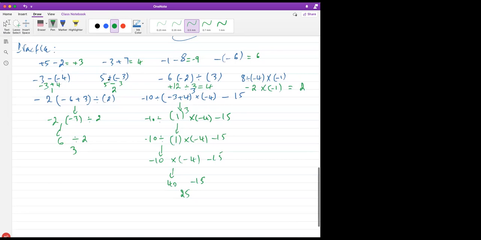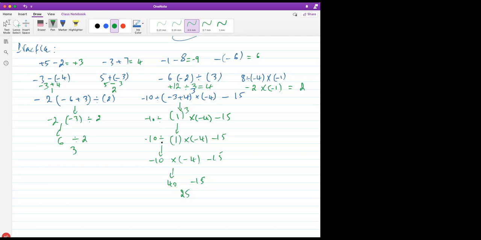Okay. Any questions, everybody? Yes, teacher. This operation, I don't understand. Why is it 1? We do the parentheses. Negative 3 plus 4 is 1. Then we do the exponent. 1 to the third is 1 times 1 times 1, which is 1.